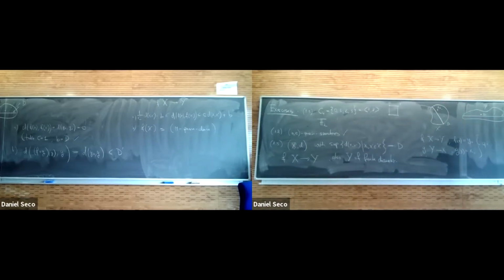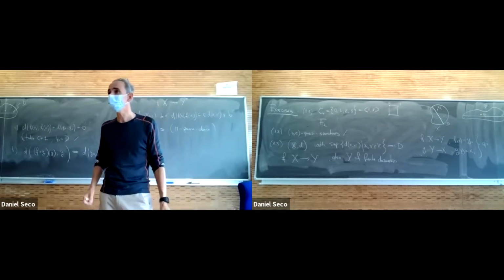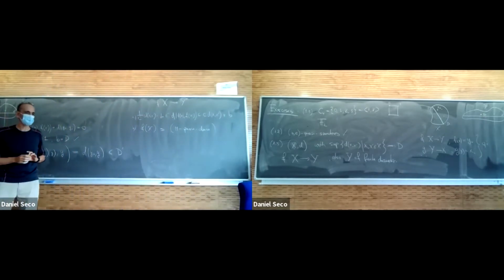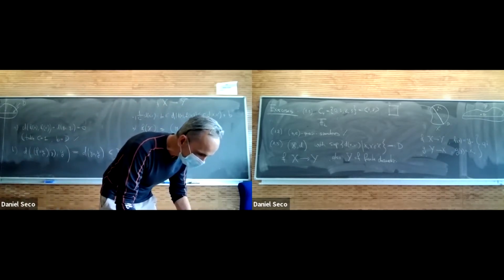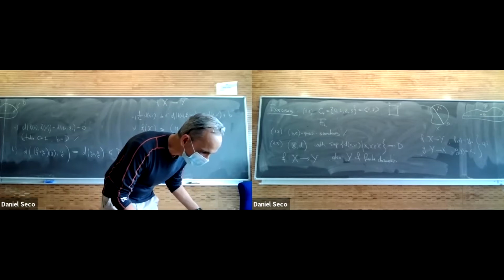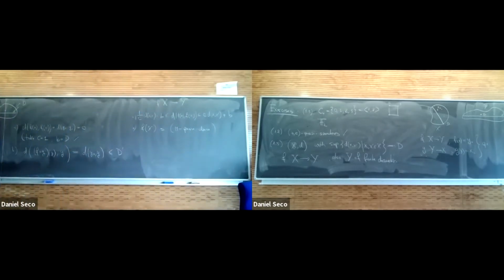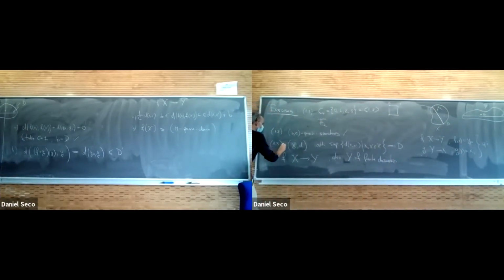Okay. There is another one. Maybe I don't do it because I want to go to exercise 1.5, which I will not finish today, but at least I will do some parts of this exercise. But let me also tell you, this was part A of 1.3.